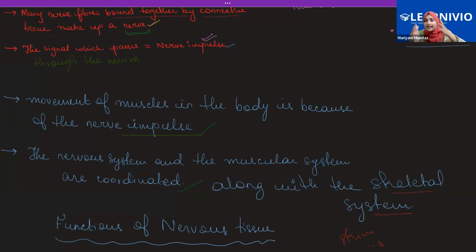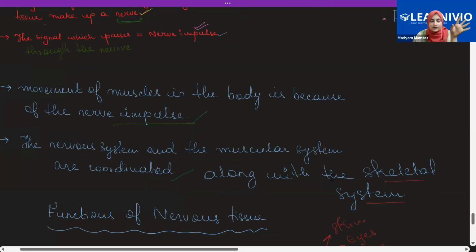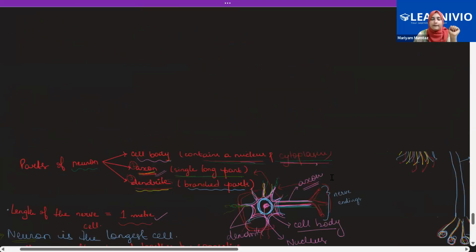Your neurons tell you that now you need to stop because your legs are paining. Clear, students? So, the skeletal system, the muscular system, the nervous system, these 3 systems are very well coordinated with each other. They work as a collective unit. This much is clear to everyone? All right, very good.